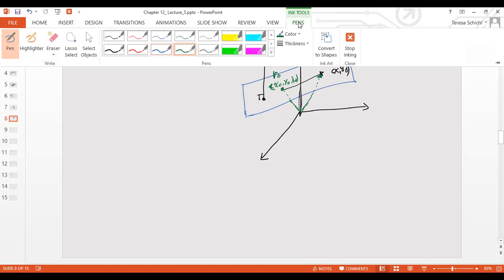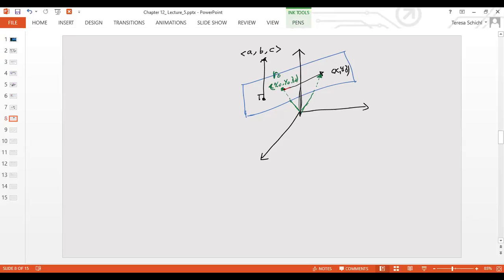This vector is lying on this plane, from this point to this point.